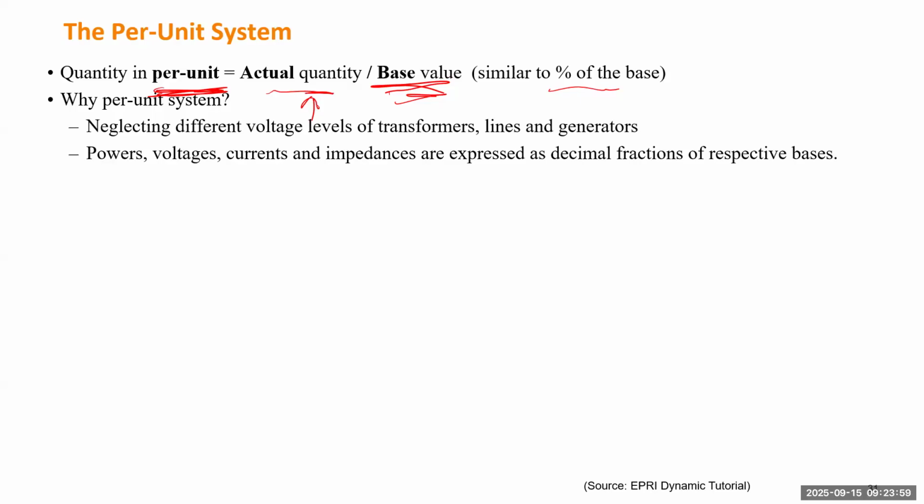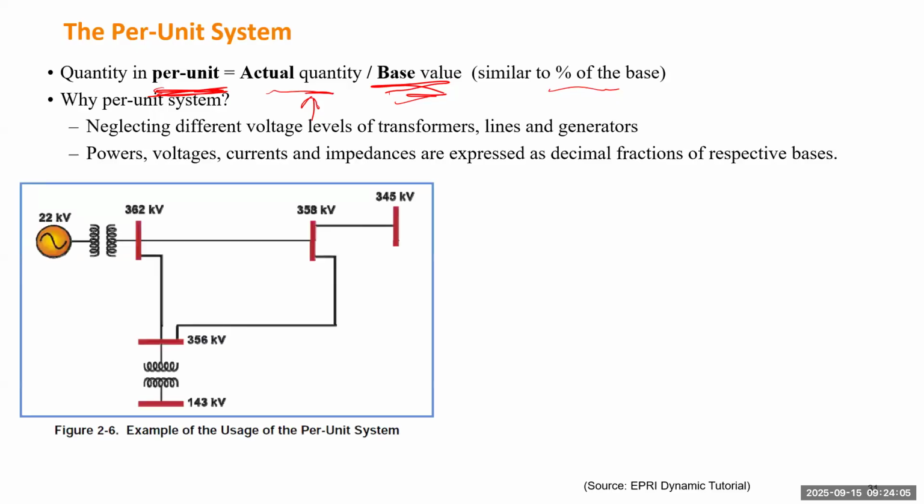And we can use per unit value for power, voltage, current, impedance. They all have very different units. Let me give you one example. Let's say this is a simple power system with one generator operated at 22 kV using a step-up transformer. So I want to deliver the electricity at a 345 kV system.